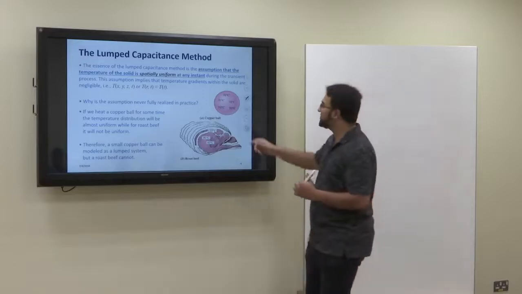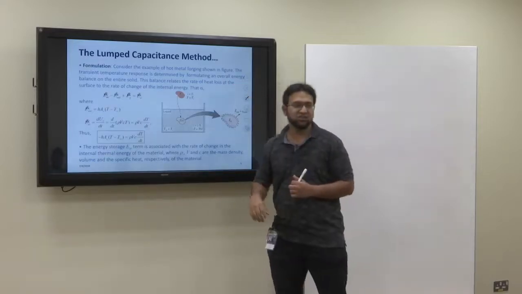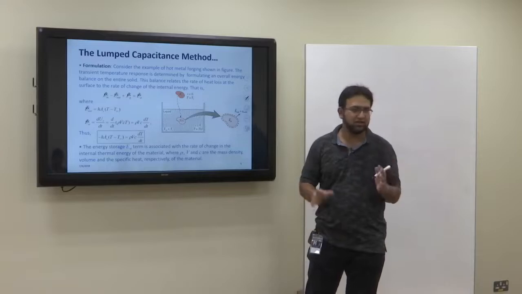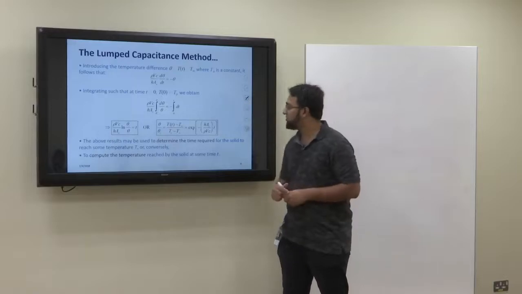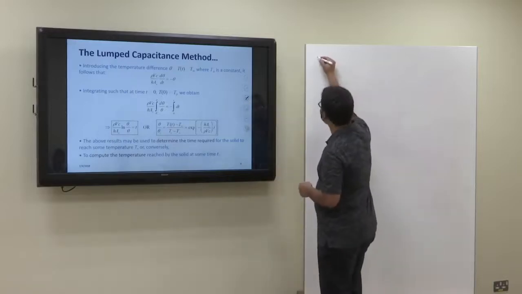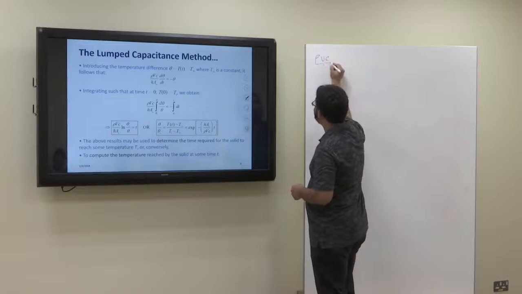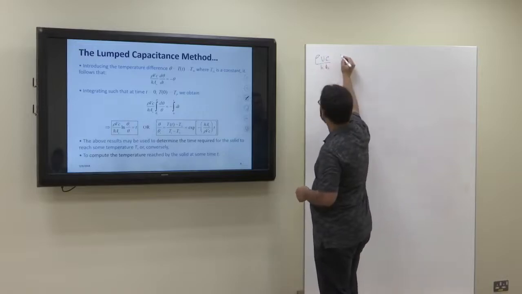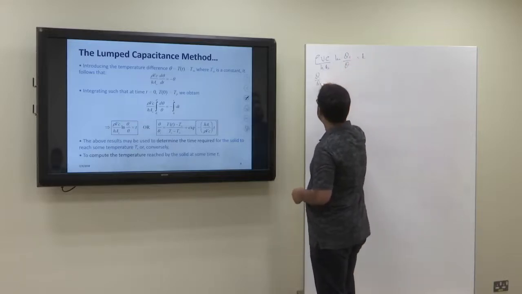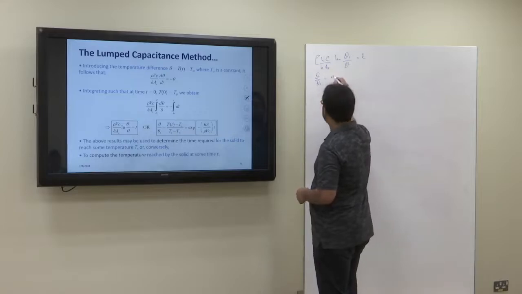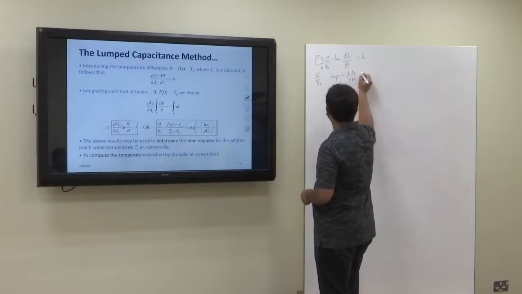After going through the lumped capacitance approximation, our heat diffusion equation reduced to only temperature dependent with time. And when you have just temperature dependent with time, then it is just conduction equals convection, and we get the main equation. So our main equation becomes: rho Vc upon hAs ln theta i upon theta equals time, or theta upon theta i equals exponent negative hAs upon rho Vc multiplied by time.